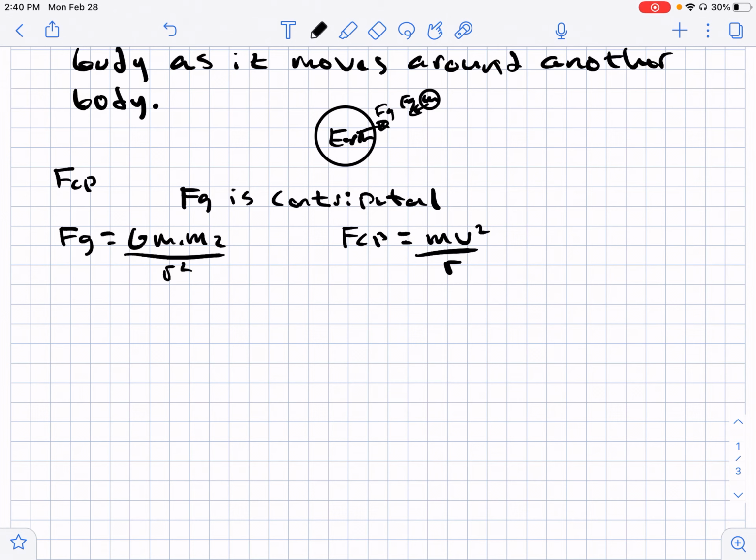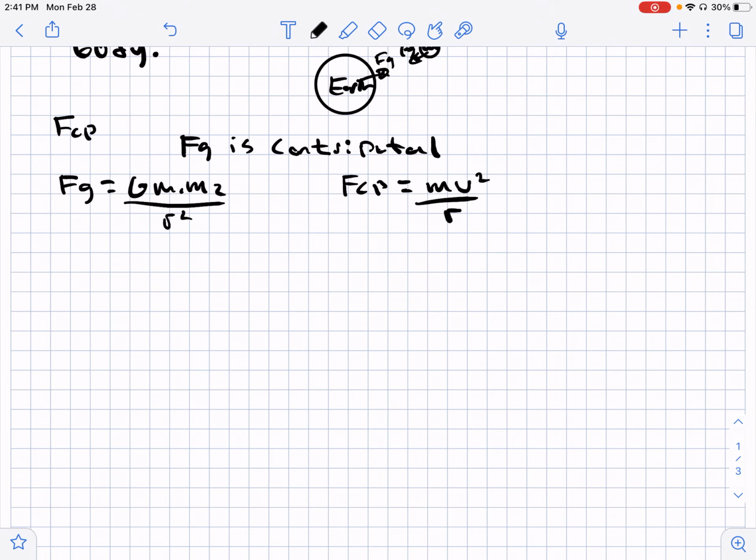And when we have a body that's in orbit around another, like the moon and the earth here, we can set those two equal to each other, our Fg and this centripetal force. And when we do that, we end up with that gravitational constant times the mass of the earth here, times the mass of the moon here, divided by the distance between them.